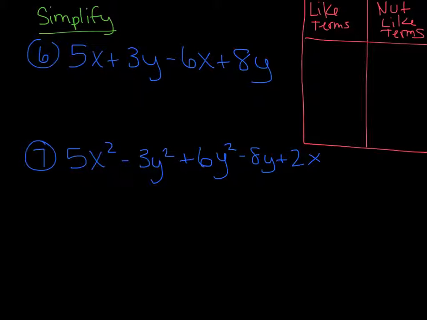So for example, if you have 5x and 3x, those are like terms. If you have 5x and just plain old 5, those are not. More examples, if you have like 2y and 3y, those ones are good.